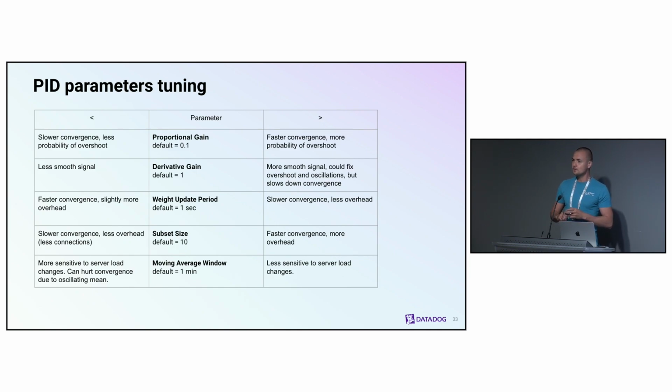We use the default WRR value, which is 1 second. This has proved to be super low overhead. I haven't heard of anyone complaining about the overhead of this operation. But even if it does, you can set it to 5 seconds or 10 seconds. You have control over it.